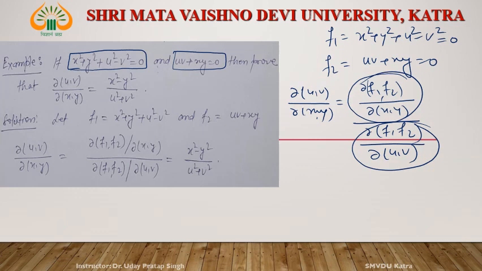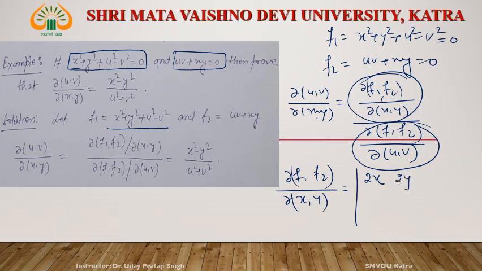See, ∂(f1,f2)/∂(x,y), what is this? ∂f1/∂x is equal to 2x, ∂f1/∂y is 2y, ∂f2/∂x is y, ∂f2/∂y is x.